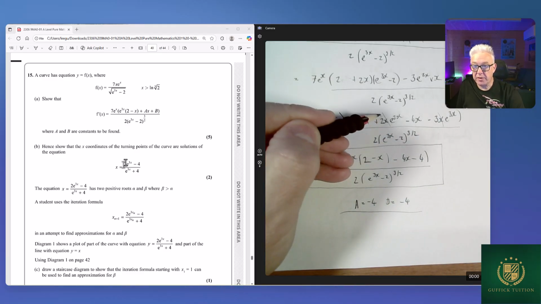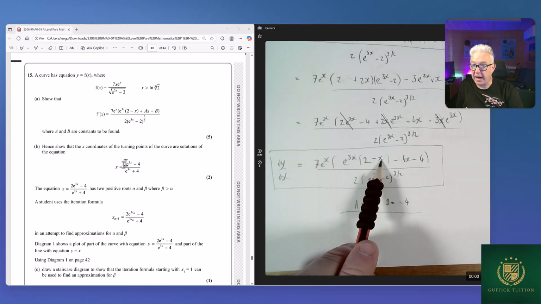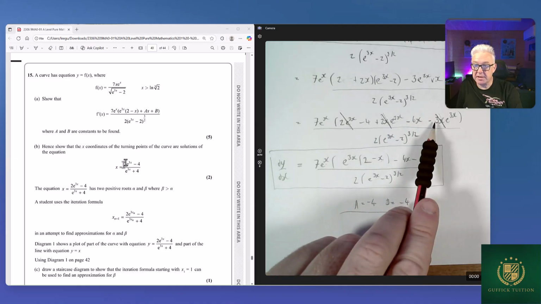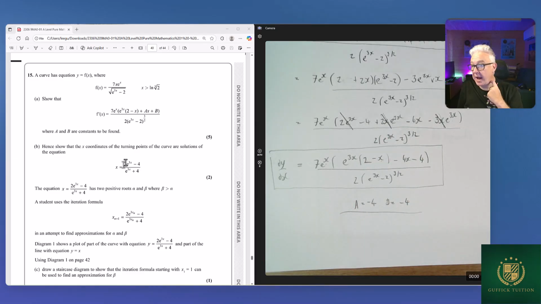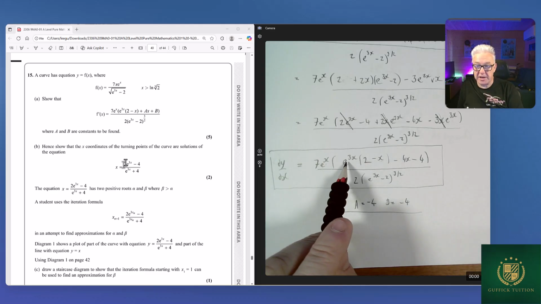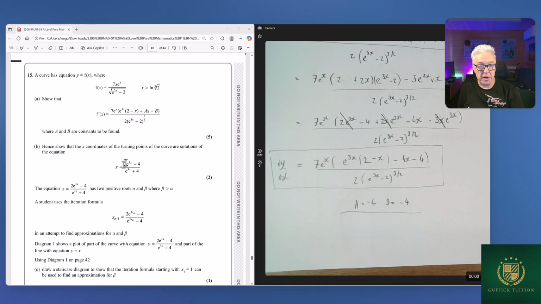So 2 take away 3 is minus 1. So that's going to go to minus x e to the 3x. Okay, so 2x e to the 3x, take away 3x e to the 3x is minus x e to the 3x. And then we factorized out the e to the 3x, so we've got 2 minus x, which is looking super encouraging.